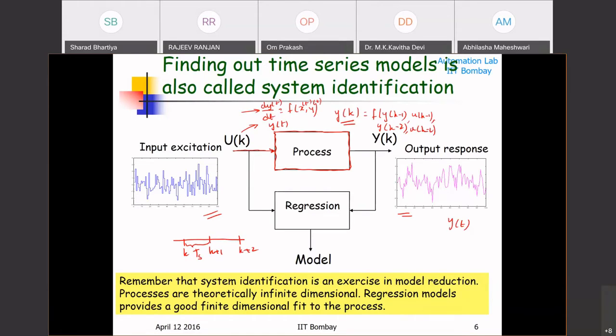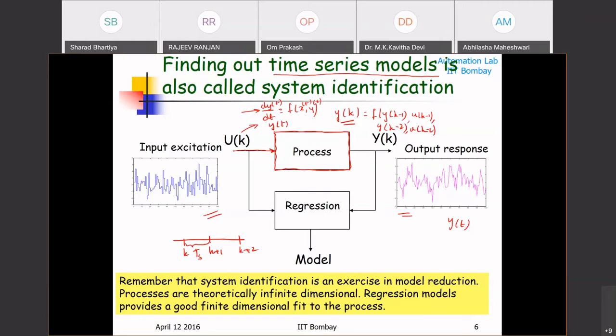So the whole idea is known as system identification. These time series models which we are going to talk about today, finding them, we use regression, but it has its own name. It's called system identification.